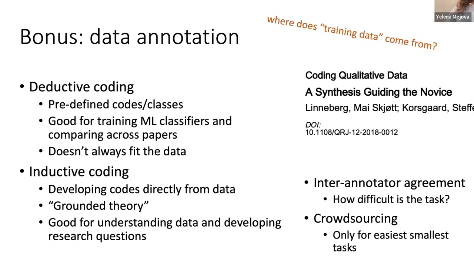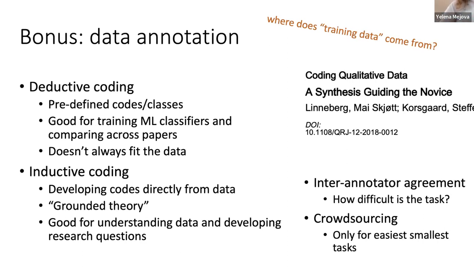So we could do deductive coding, where you say, I'm interested in this particular class, and I am just going to say yes or no for each document, which is very easy. Or if you're doing exploration, you can do something related to grounded theory, where you explore and put the labels that you think are appropriate.